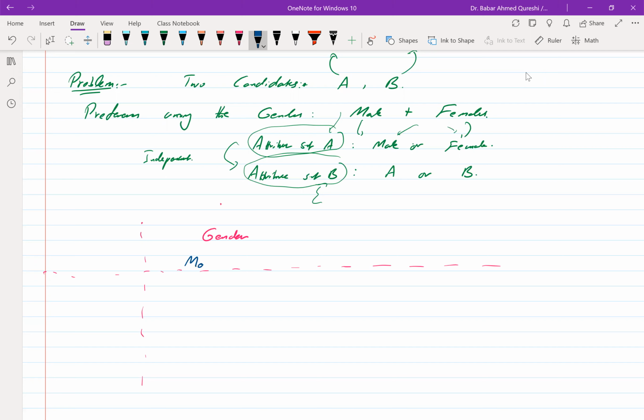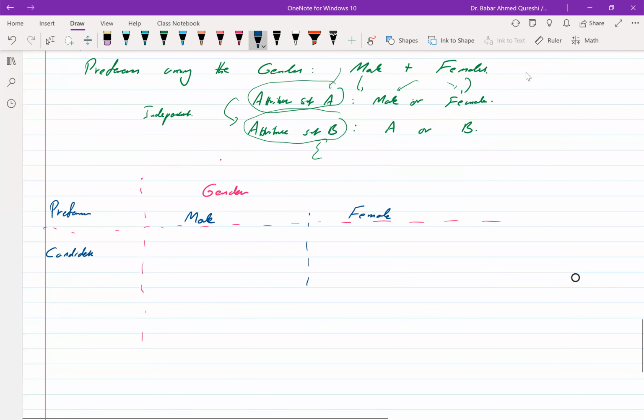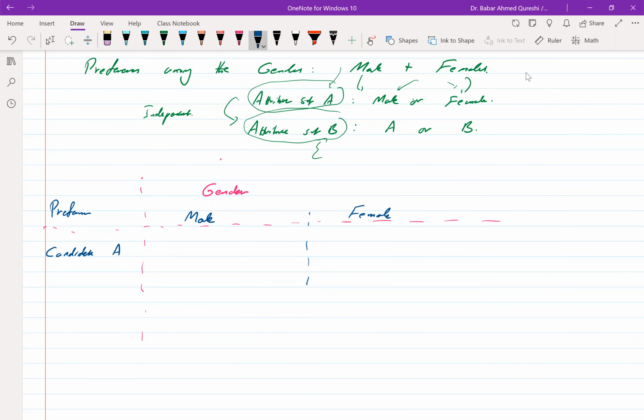So you have male and female. On the other hand, you have here on this side preference. So in the preference characteristic, you have two categories, candidate A or candidate B.